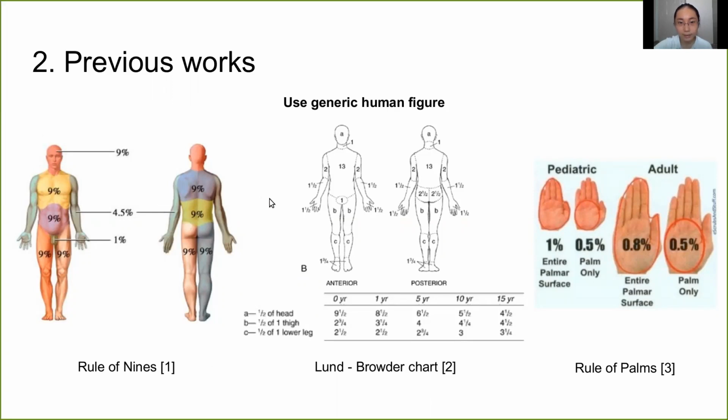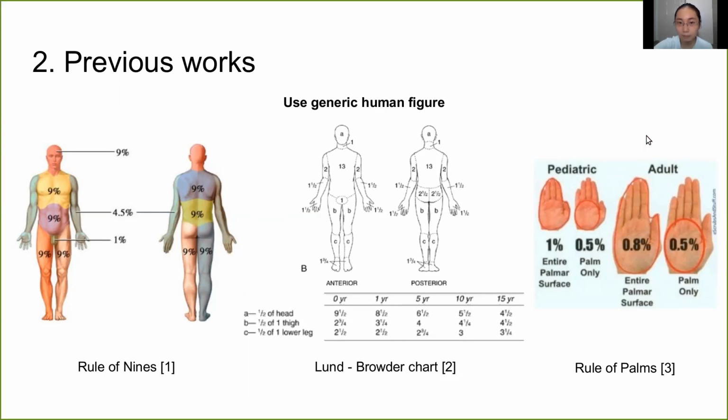On the other hand, the Lund and Browder chart provides a more detailed division for different regions on the body surface by dividing the human body into more regions as compared to the rule of nines. Most importantly, it considers the different percentages of the head, thigh, and lower leg over different age groups: 0 years old, 1, 5, 10, and 15 years old.